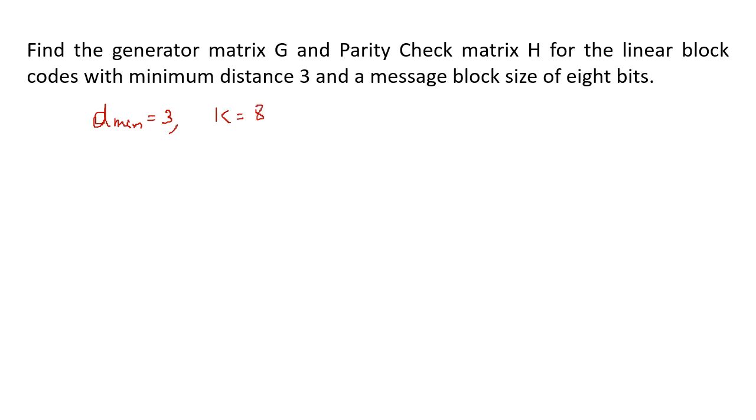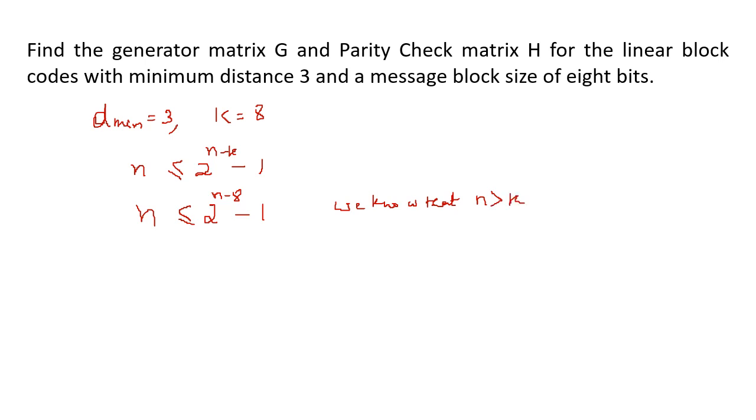And we know that for a linear block code, it is going to satisfy the equation n should always be less than or equal to 2 to the power of n minus k, minus 1. So n should be less than or equal to 2 to the power of n minus 8, minus 1. And we know that n is greater than k. So k is given as 8.